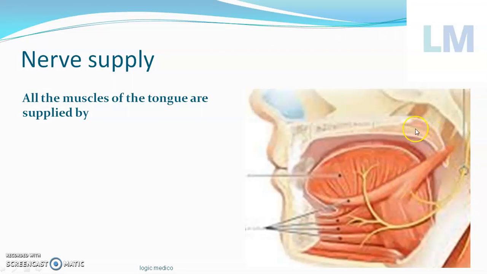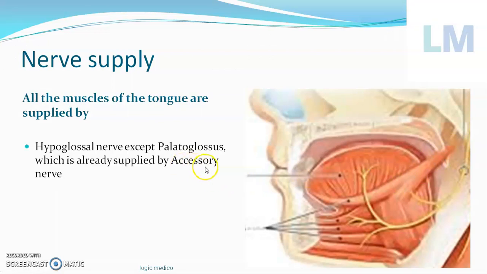If you have seen my previous video, you will tell spontaneously: what is the muscle coming from the palate to the tongue? Palatoglossus. The palatoglossus is supplied by the accessory nerve or the 11th cranial nerve. Otherwise all the other muscles are supplied by the hypoglossal nerve or the 12th cranial nerve.